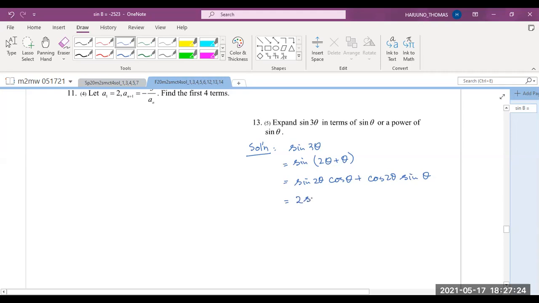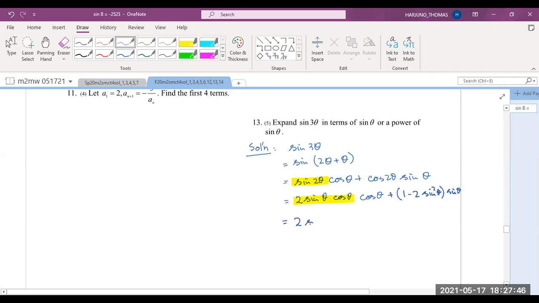So this is 2 sine theta cosine theta times another cosine theta plus 1 minus 2 sine squared theta times cosine theta.